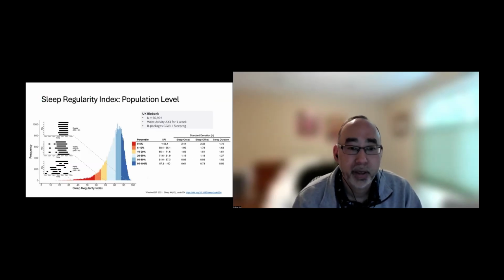And thankfully, there have been large population-level studies to get an idea of what the population-level pattern of the SRI score is. This was data obtained from the UK Biobank. They took 61,000 individuals, again wearing the actigraph for 1 week, and they were able to identify that the median is a score of around 82 or so.